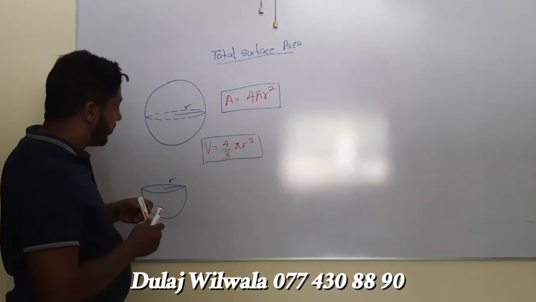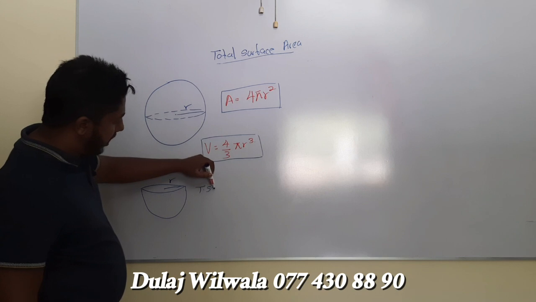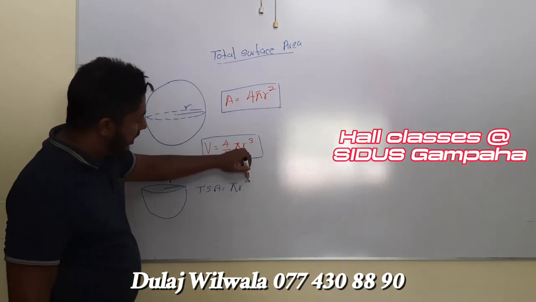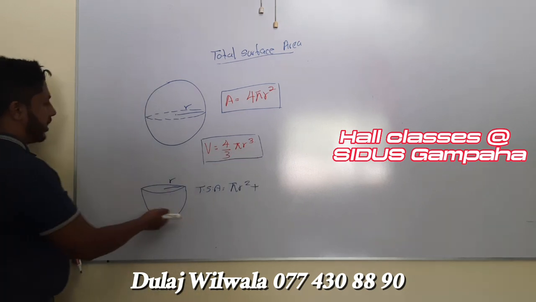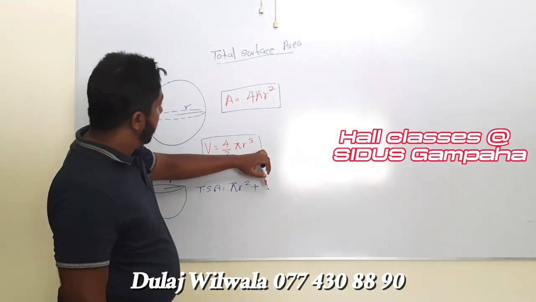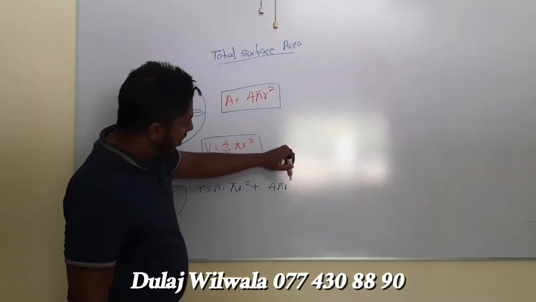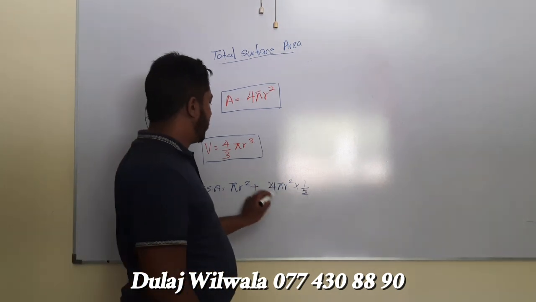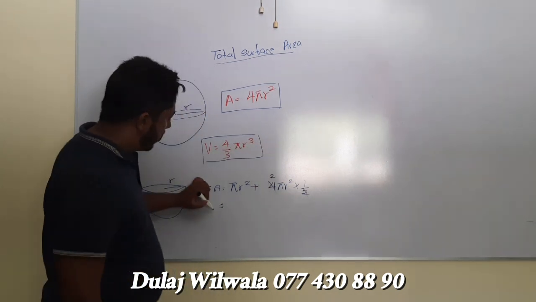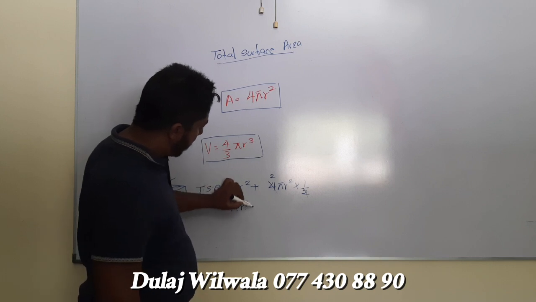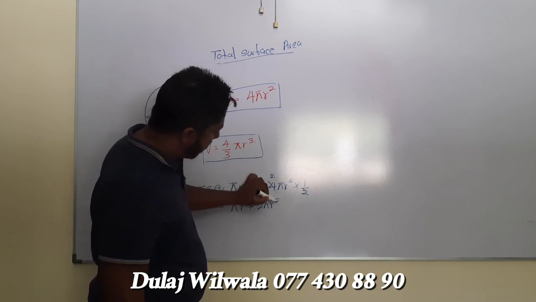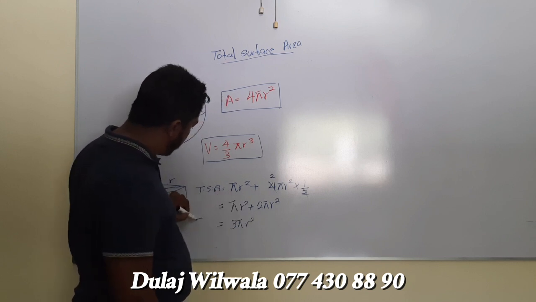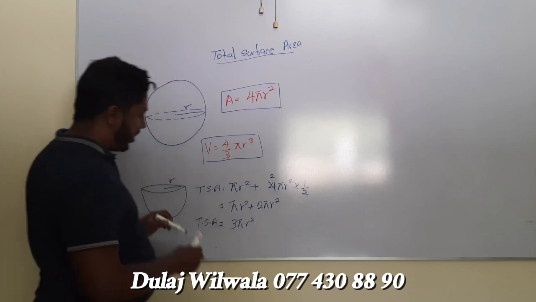So total surface area of this thing will be the top surface, pi r squared, plus this curved surface, half of 4 pi r squared. So these two get cancelled. 2. So you get pi r squared plus 2 pi r squared. So that would be 3 pi r squared. Whole surface area.